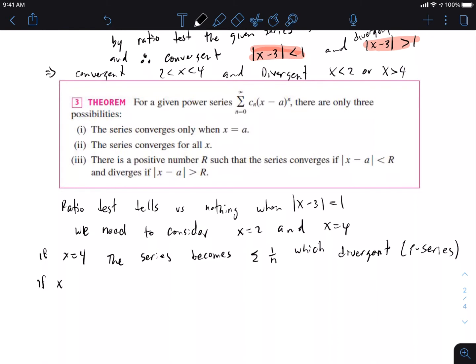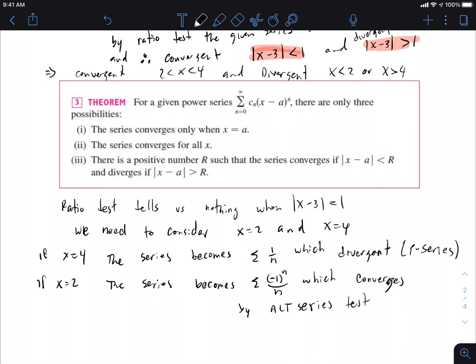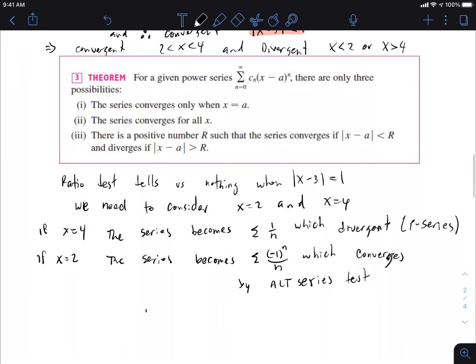And then if x equals 2, the series becomes the sum of (-1) to the n over n, which converges, and that's by the alternating series test. And so the convergence interval is including 2 but excluding 4.